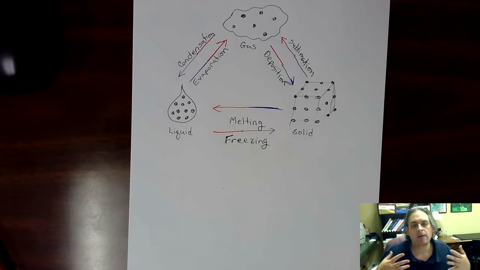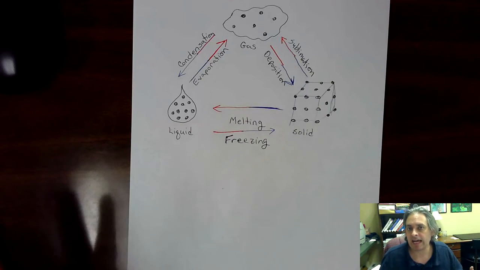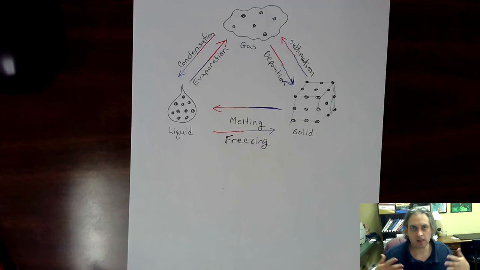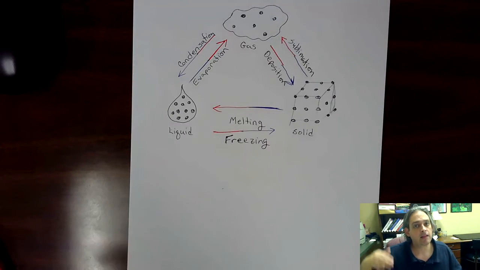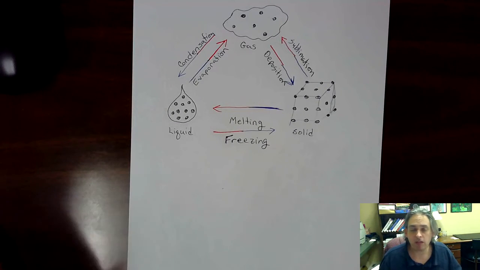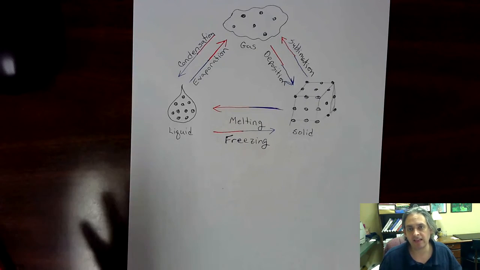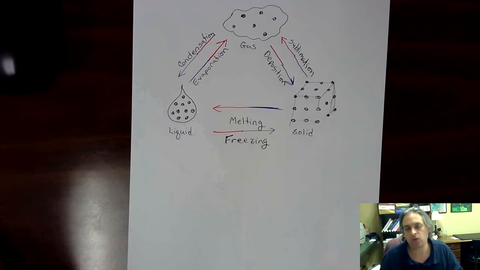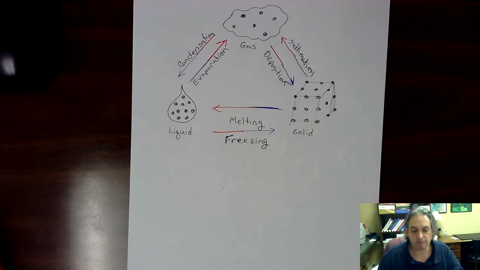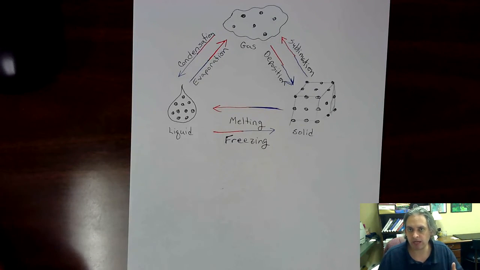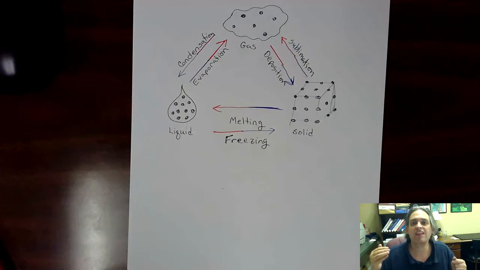And a practical example of this is high altitude cooking. In Denver, Colorado, the mile high city, the atmospheric pressure is really low. It's not one atmosphere like it is at a beach, like in Florida or in Texas. At the beaches there, the atmospheric pressure is one atmosphere. In Colorado, it is much less.